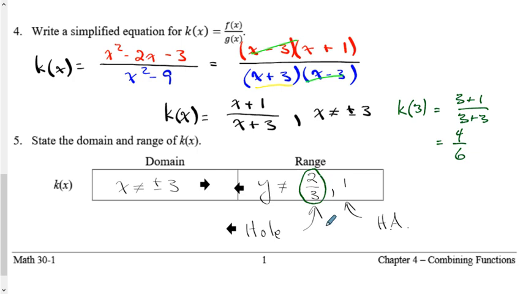So that's where I'm getting that gap in my range. And then as I look at this and I see my leading coefficient is 1, they are the same degree, so I have a horizontal asymptote at y equals 1. So that's also a value that's excluded from the range for this function. If you need to, you can pause and review these ideas, but let's look ahead to some more examples.